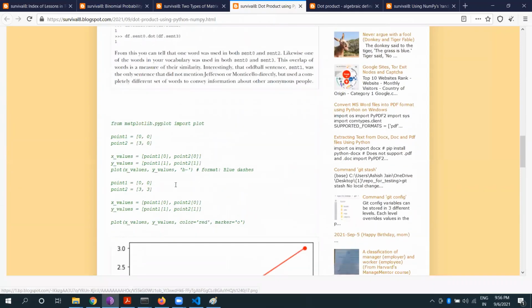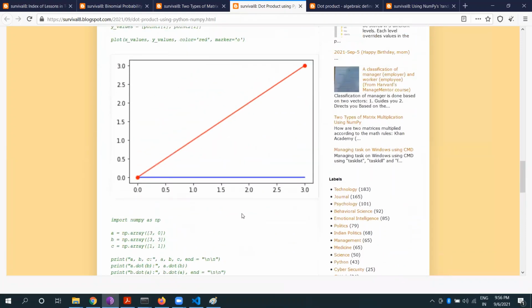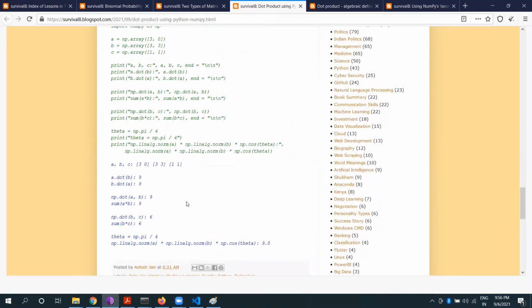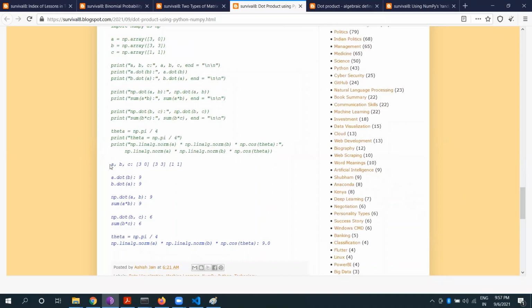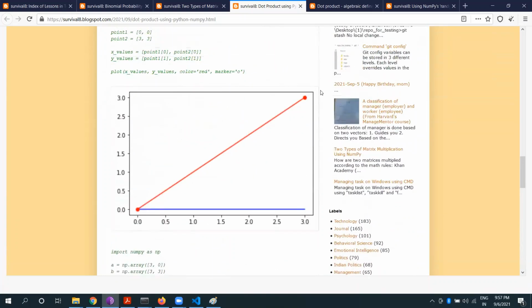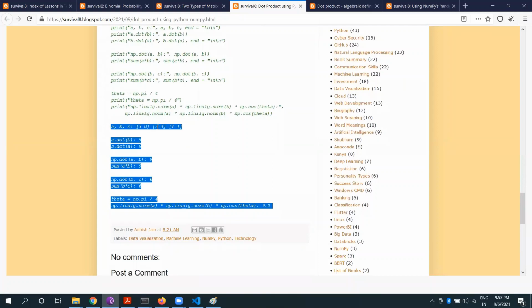So this we have shown. We have A, B, and C. With one-dimensional vectors, it's relatively very simple. If point A is over here, 3, 0, and B is 3, 3.